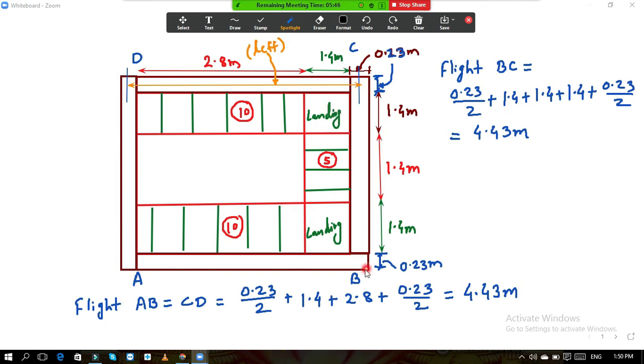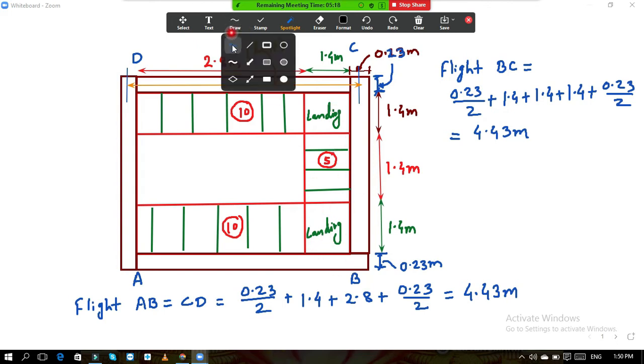But we observe flight BC. Here flight load is there and also the landing is there on both the sides. Here for AB and CD, landing is there on only one side. So that is the difference. So we are going to calculate the bending moment for flight AB, flight CD, and for flight BC.